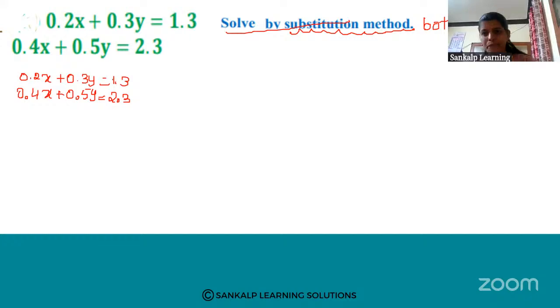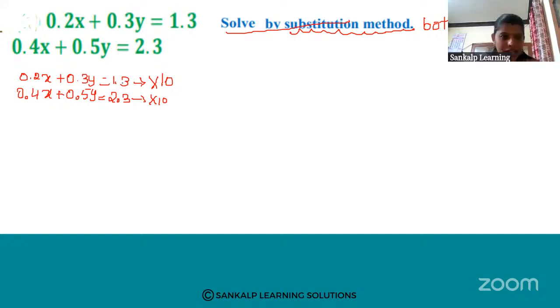That means, what I do now, I want to remove this decimal point. How do we do it? By multiplying 10 on both the sides. By multiplying 10 on both the equations, if you multiply 10 with both the equations, the decimal point will get removed.